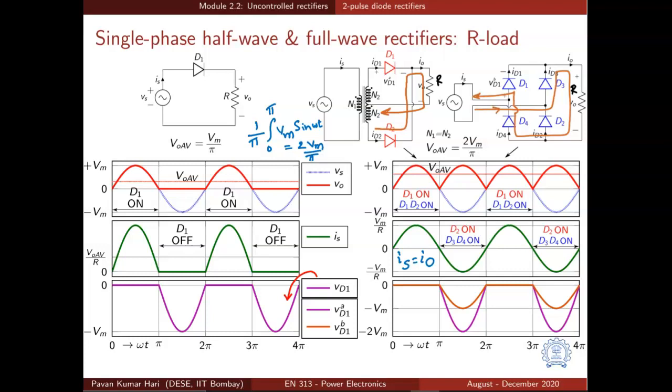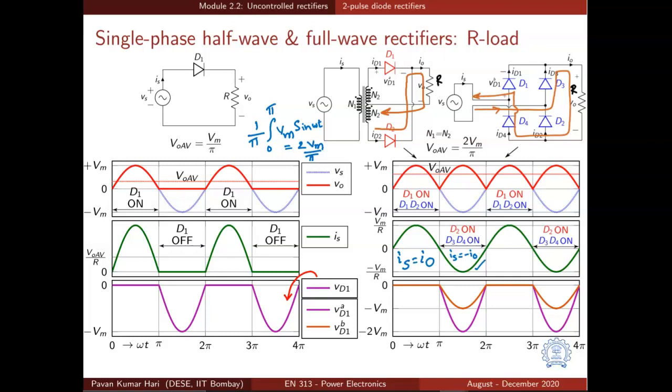So in the negative half cycle, Is is equal to minus IO as per the definitions that we have given, because now the current is entering the positive terminal of source. The current leaving the positive terminal of source has been defined as positive direction for Is, so it will be negative in the negative half cycle, and that is what is shown here.